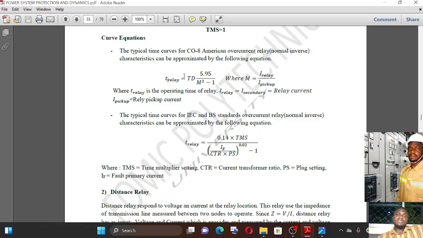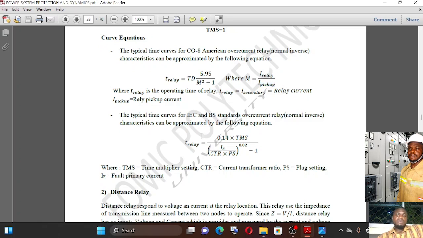So for the American standard, it is given as such: the time dial times 5.95 divided by m squared minus 1, where m is the plug setting multiplier, which is the current fed by the current transformer to the relay, that is I relay, divided by the pickup current of the relay.